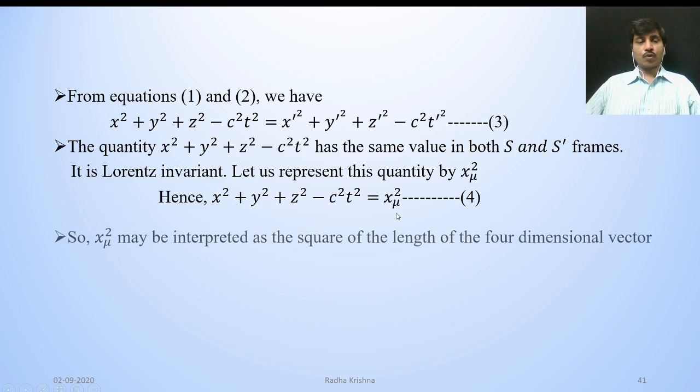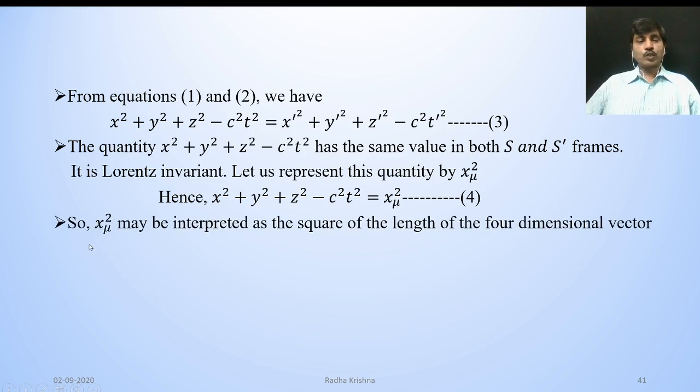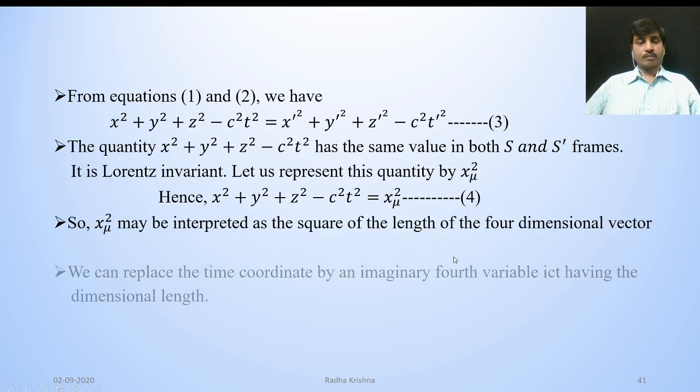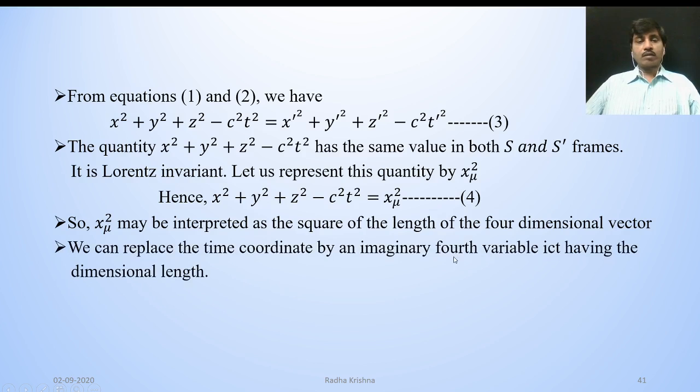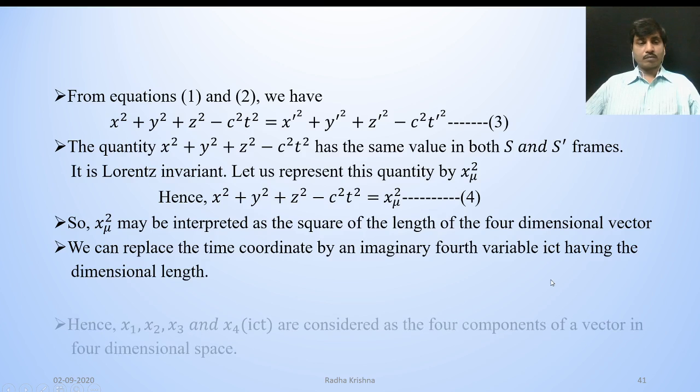That is equation 4. So, x mu square may be interpreted as the square of the length of the 4-dimensional vector. We can replace the time coordinate by an imaginary 4th variable ict having the dimension of length, where i, an imaginary quantity, is equal to square root of minus 1.